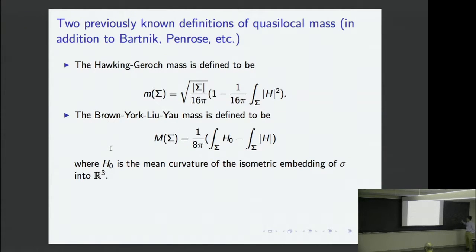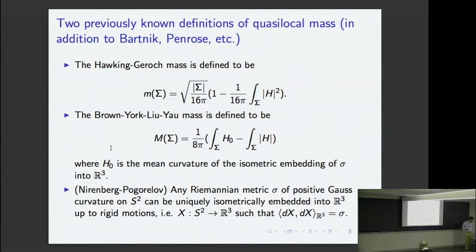You notice that once you pick your Riemannian metric here, you can ask whether you can realize this surface with this given Riemannian metric in R3. This is the so-called isometric embedding problem, which has been studied, for example, by Nash. But there's this theorem of Nirenberg and Pogorelov.